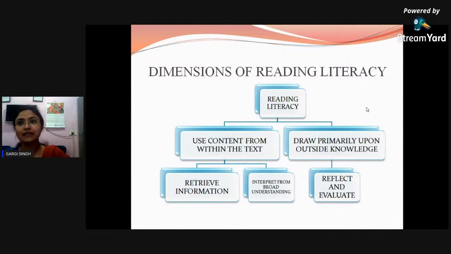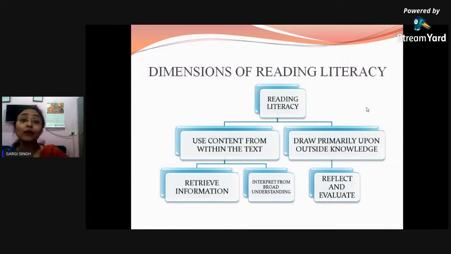There are basically two ways. The first is to use the content from within the text. Whatever is written, you retrieve the information and locate what is directly present in the text. A few questions simply require you to retrieve information from the text.